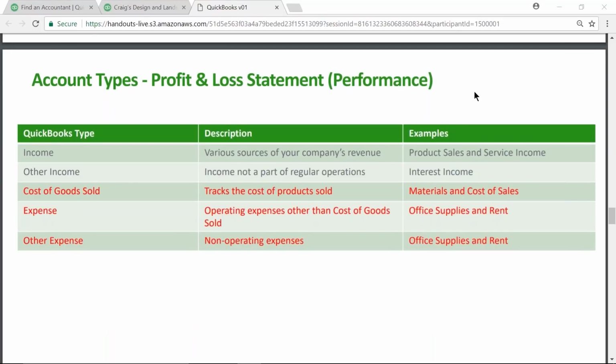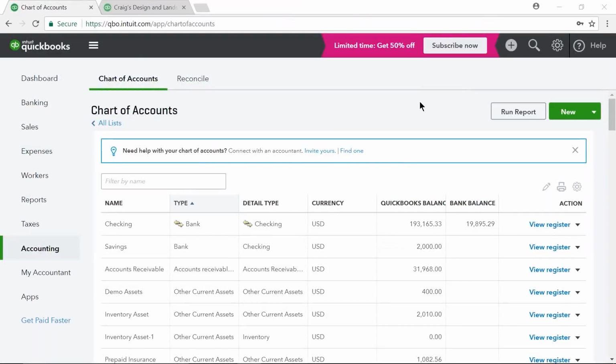So when you're creating an account, it's important for you to consider why it is you're going to be using it. But also it's important for you to consider if you need it at all. I get questions all the time about what accounts should I have on my chart of accounts? And that's not an easy question to answer, because it's going to be different for every business. The answer that I normally give is, consider what's important for your business in terms of making decisions.